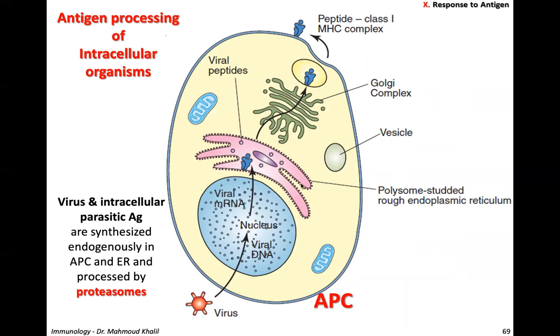Soon after that, in the rough endoplasmic reticulum, you can see the viral peptide. Of course, if it's a virus, it will generate its own proteins through the process of transcription and translation. And you know that all translated proteins are stored initially in the rough endoplasmic reticulum.